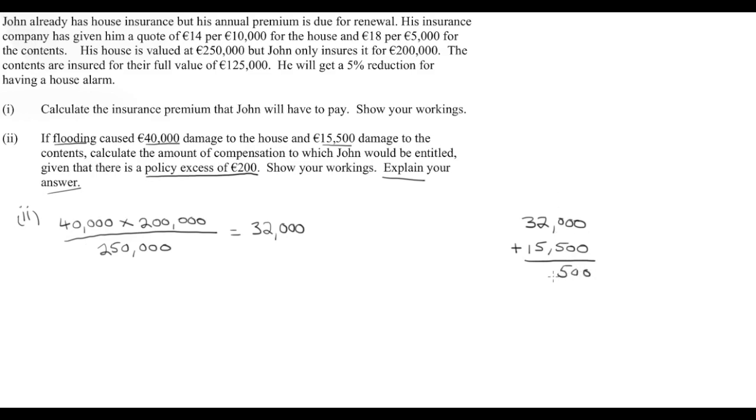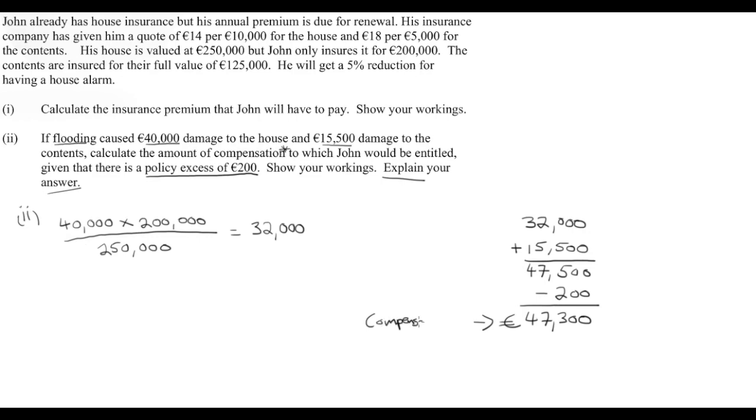That's 500, and then 5 and 2 is 7, and 1 and 3 is 4. Now we have to take away an excess. So we subtract 200. That gives us 47,300 euros. This is the compensation that John is entitled to.